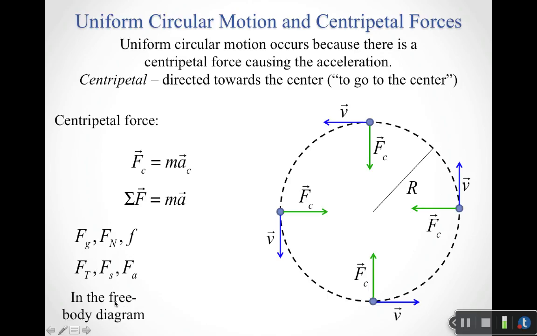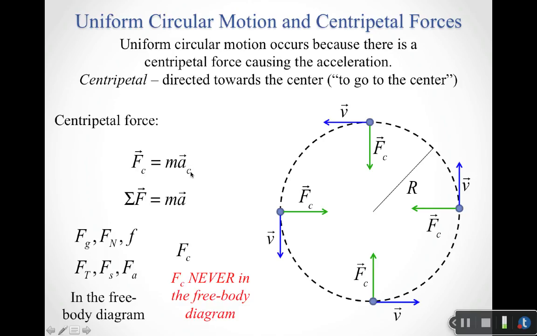These are all forces that we draw in our free body diagram: the weight, the normal, friction, tension. We'll put spring forces in there eventually, and applied forces. All these forces go into the free body diagram. The centripetal force does not. We're never going to draw the centripetal force into a free body diagram. Instead, we recognize that the centripetal force is just another way of saying the net force in a problem where you have an object undergoing centripetal motion.